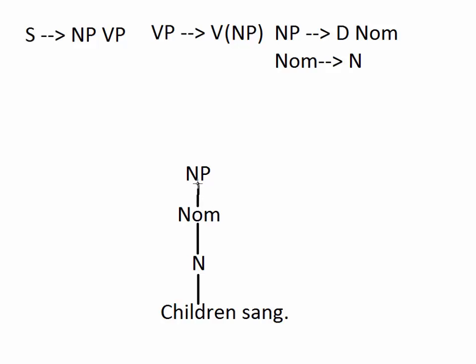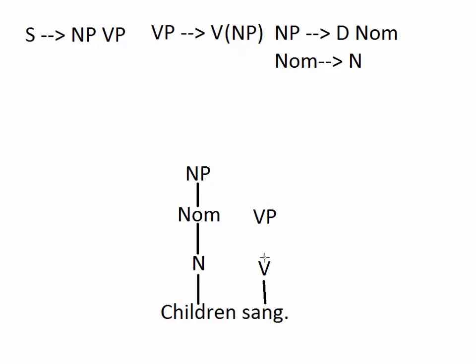Alright, so there's our subject, and again our verb phrase is just going to be the verb. So let's get that guy over here and labeled. So there's the verb, and then it's a verb phrase. Okay, and then we can connect our pieces again.